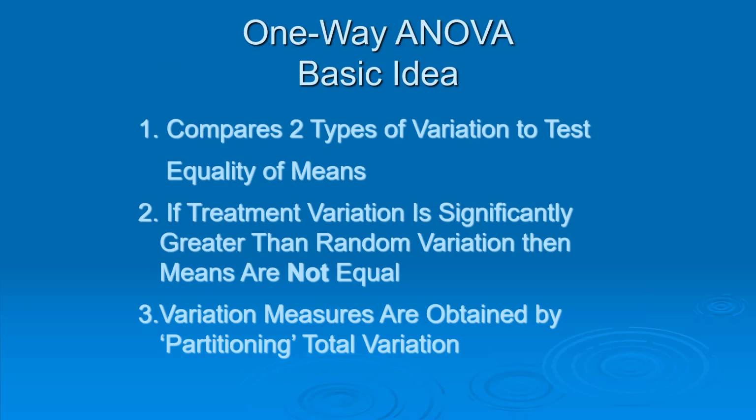By now, you should have some ideas about one-way ANOVA. ANOVA compares two types of variation to test equality of means. If the treatment variation is significantly greater than random variation, then the means are not equal. Variation measures are obtained by partitioning total variation.